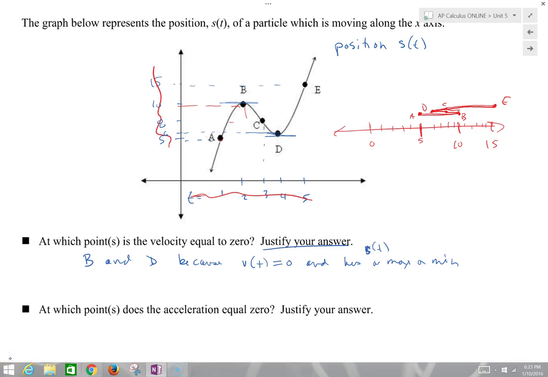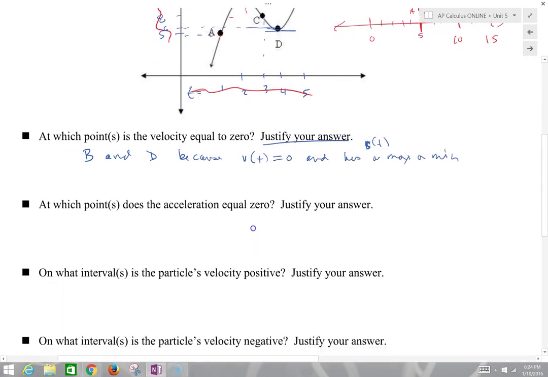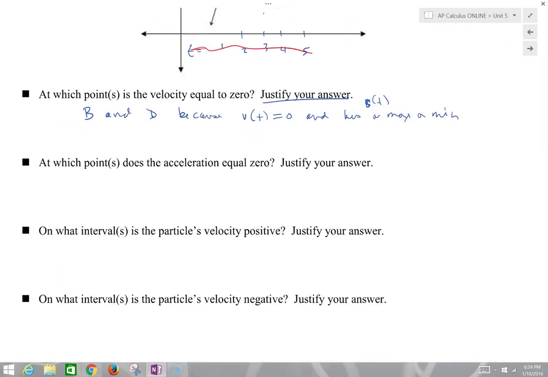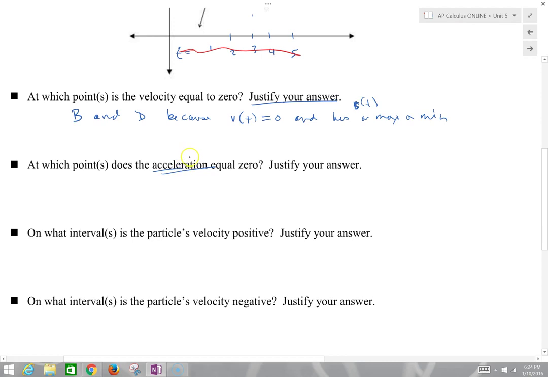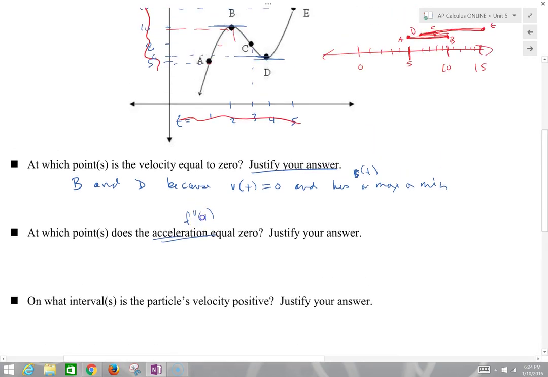Next we're asked, where does acceleration equal 0? The acceleration is our f double prime, recall? So how can we tell when f double prime is equal to 0? Well, that would be when we have a point of inflection. So where does that look like it occurs?